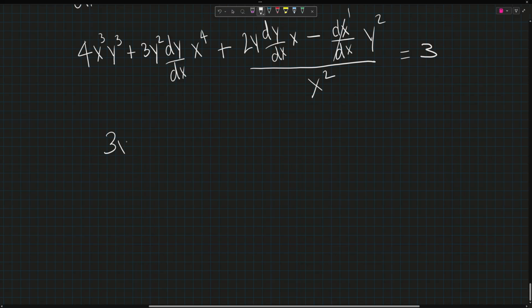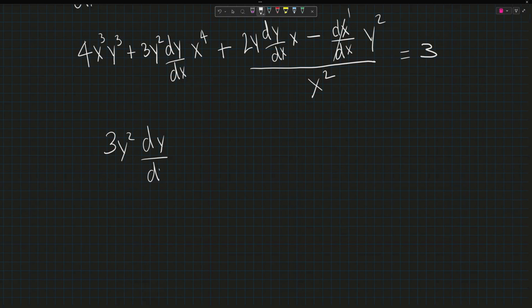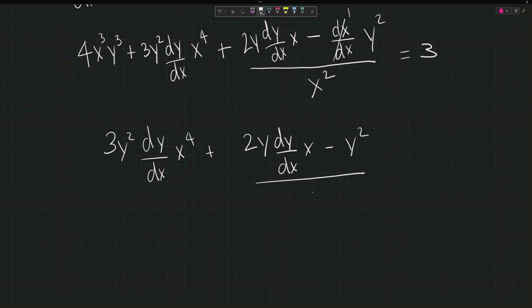So 3y squared dy over dx, x to the fourth plus 2y dy over dx times x minus y squared over x squared. Alright, so equals 3 minus 4 x to the third, y to the third.